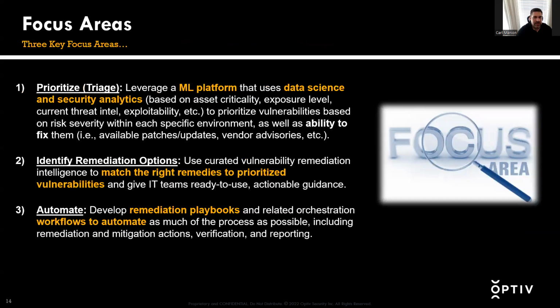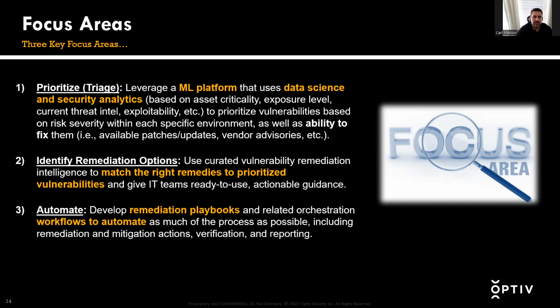The focus areas that we recommend looking at for doing that are listed here. So as I've mentioned, prioritization or triage is a key area where you can leverage a machine learning platform that takes advantage of data science and security analytics, usually based on asset criticality or exposure level, current threat intel information, and exploitability of known vulnerabilities.